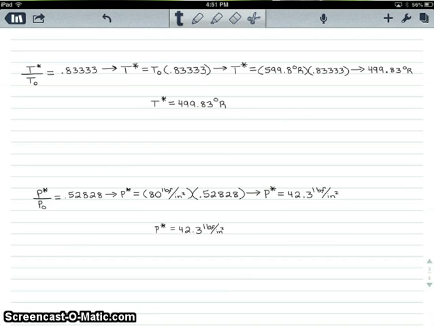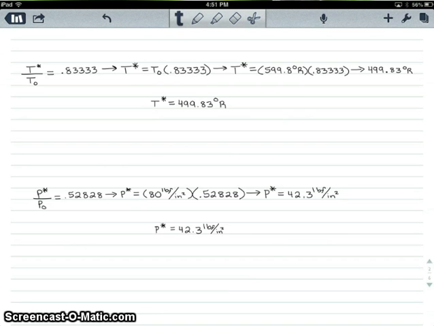When you multiply across, you get that T asterisk is equal to 499.83 degrees Rankine. This is the throat temperature. As with the pressure, P asterisk divided by P naught equals 0.52828. As you multiply across with your stagnation pressure, you get that the throat pressure is equal to 42.3 pound-force per inch squared.